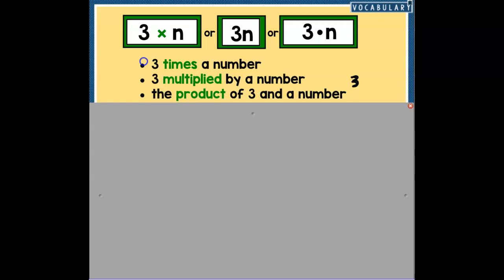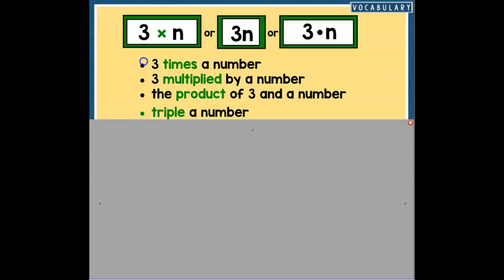The product of 3 and a number. Remember, product is the answer when you multiply. So product we could use when we're multiplying. Triple a number, because 3 times, triplets, there's 3 kids born at the same time. If you get a triple in baseball, it means you go to third base. So 3 times a number could also mean triple.